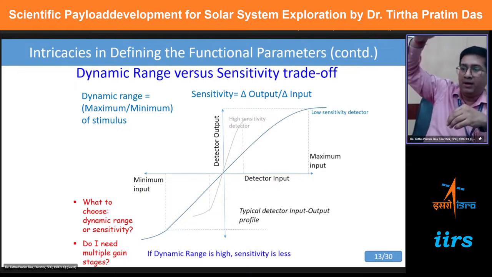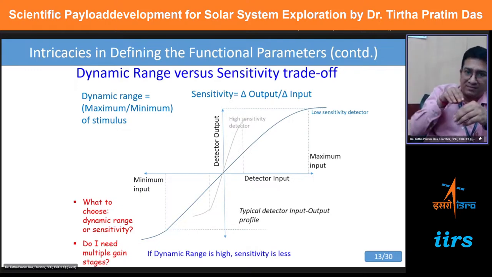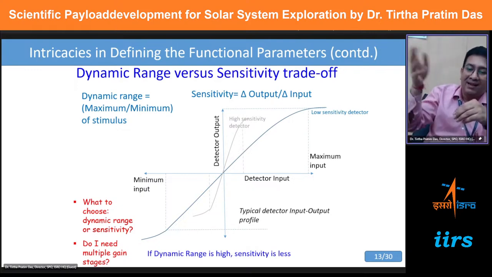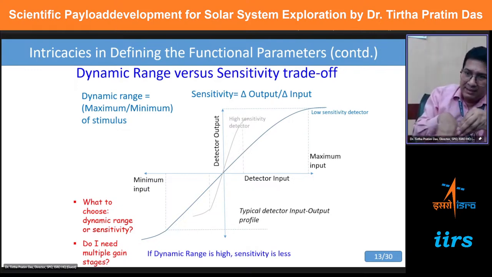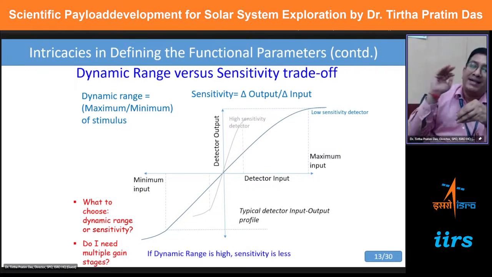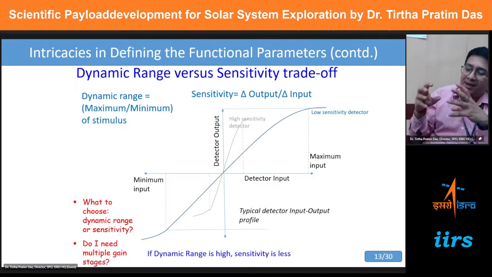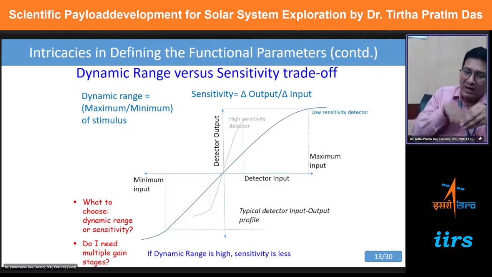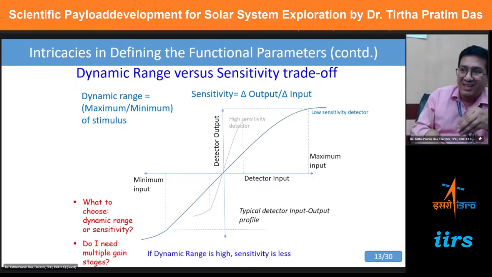If you take the ratio of the maximum handleable signal and the minimum measurable signal, it is your dynamic range. Often the maximum stimulus which you can measure is limited by the maximum output of the detector which you can handle, and the lower limit is limited by the noise of the system. Now what happens if you have a very good sensitivity?